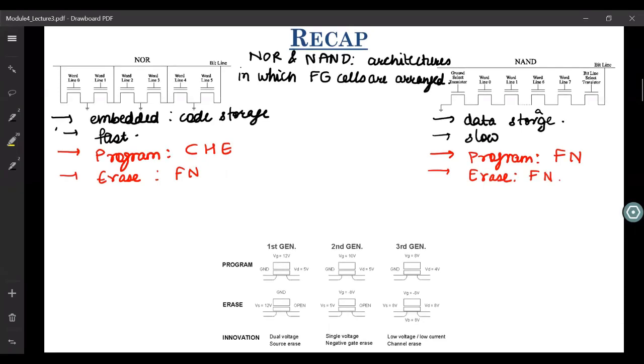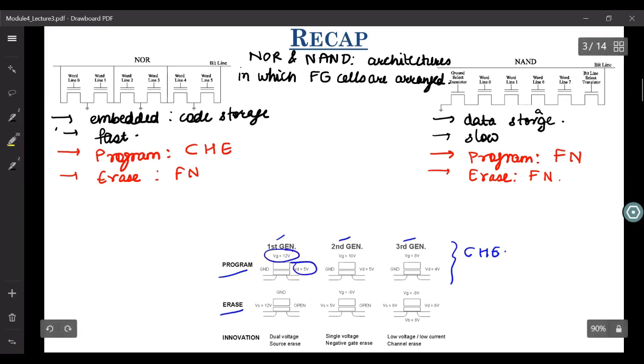We also looked at the evolution of program and erase mechanism in NOR flash. While the program mechanism is CHE itself, what you observe is that as the technologies improved, the supply voltages at which your CHE mechanism takes place reduced. Why so?